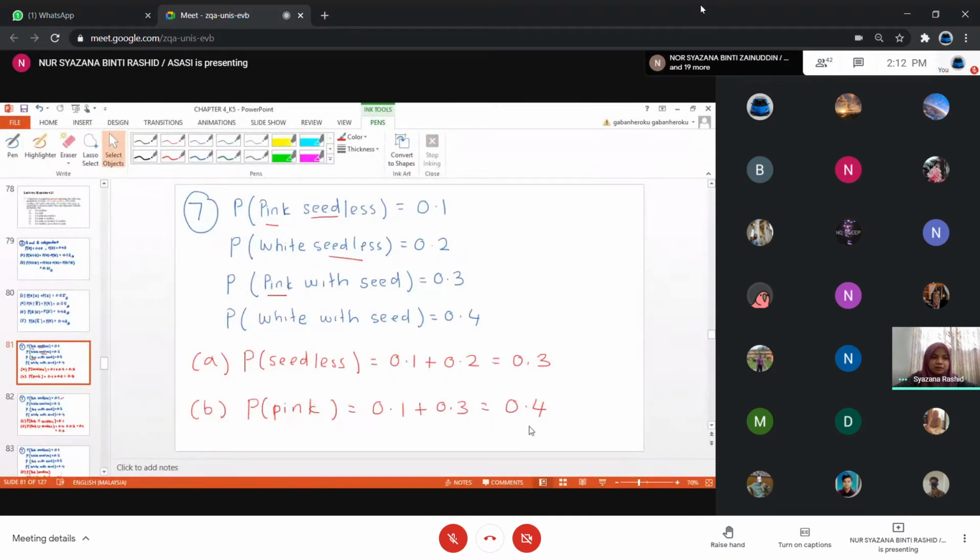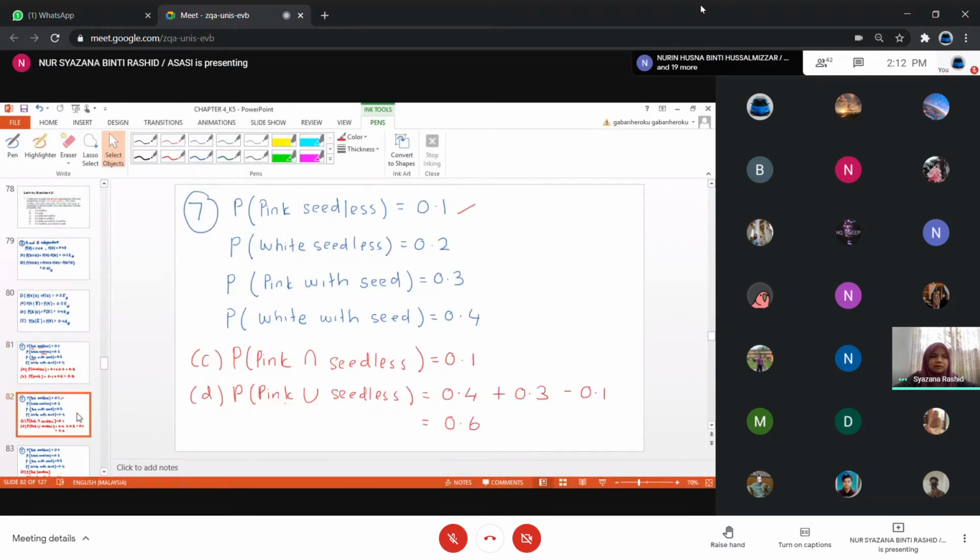If you still remember the special addition rule, there is a subtraction at the back, because when you add pink and seedless, you do something twice, it is redundant in the middle. So we need to minus the intersection. So subtracting 0.1 is actually minus the intersection of pink seedless, because you added the intersection part twice, so you need to remove one part of it. So this is how we do D, probability of pink union seedless.